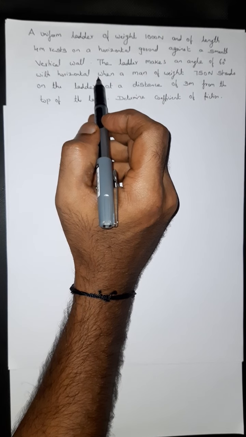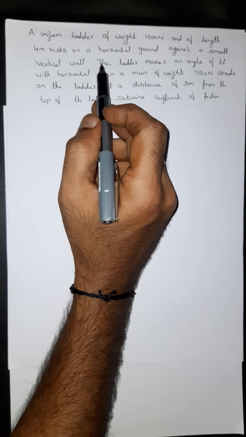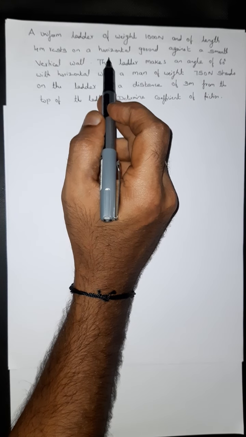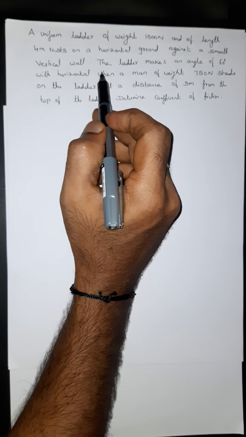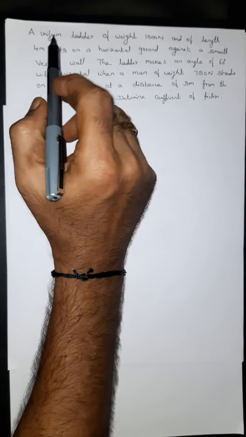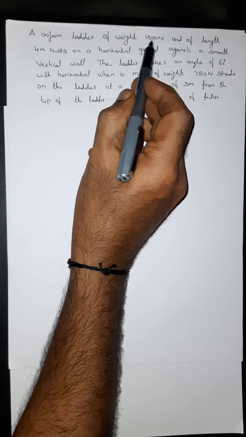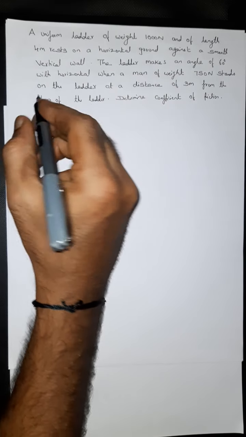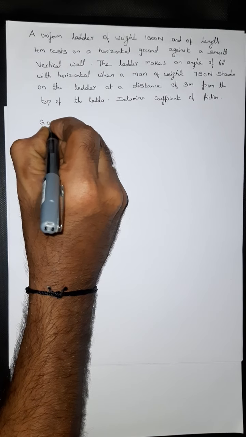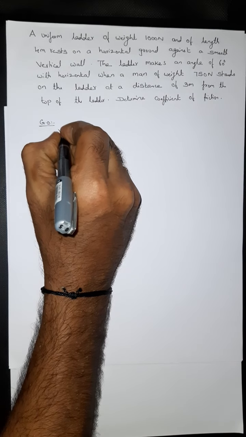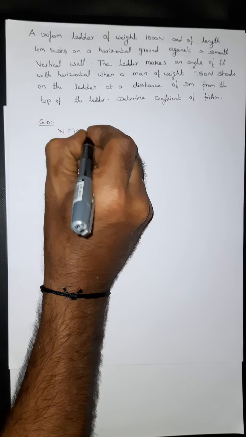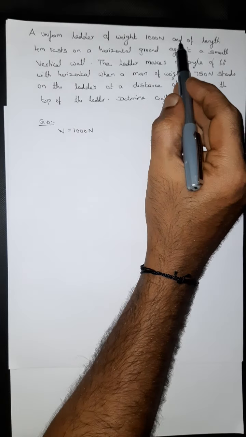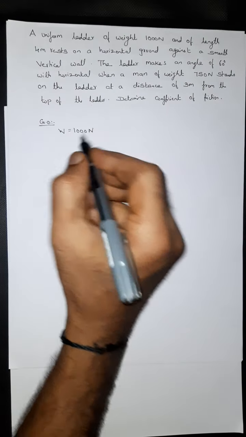Let me just read out the question in order to understand what has been asked and what data has been given in this particular question. A uniform ladder of weight 1000 Newton and of length 4 meter.